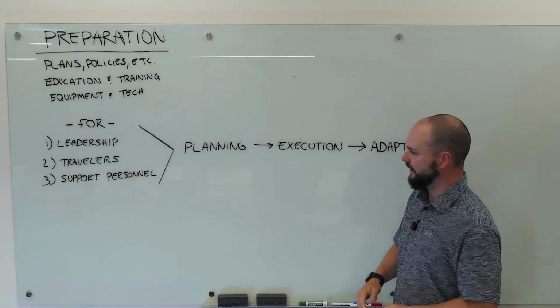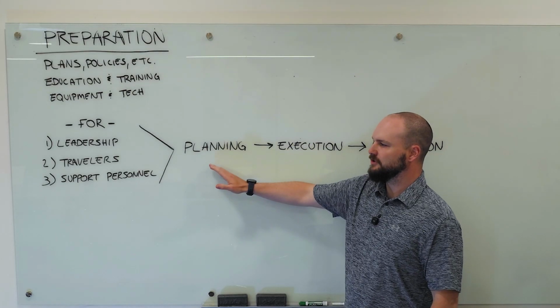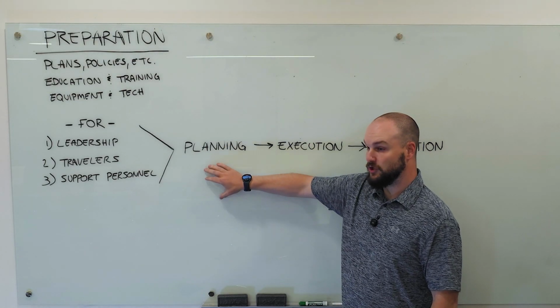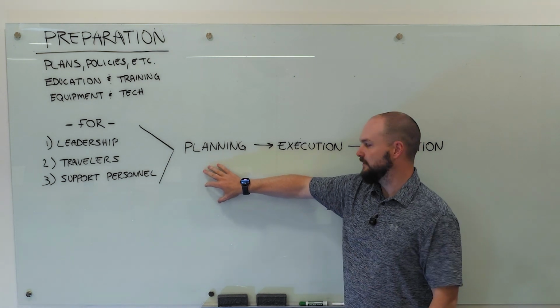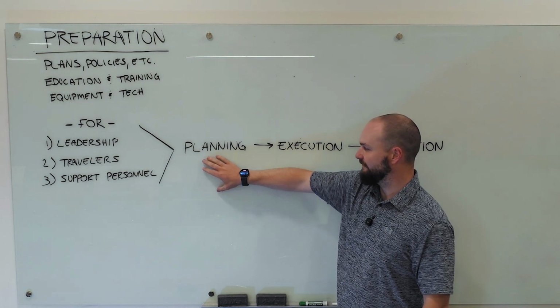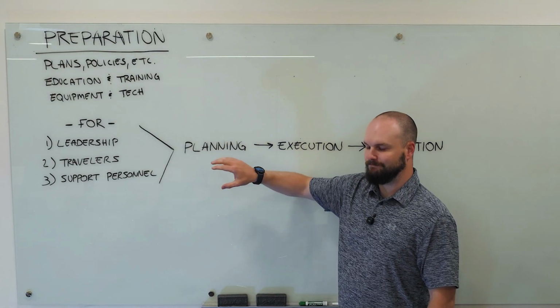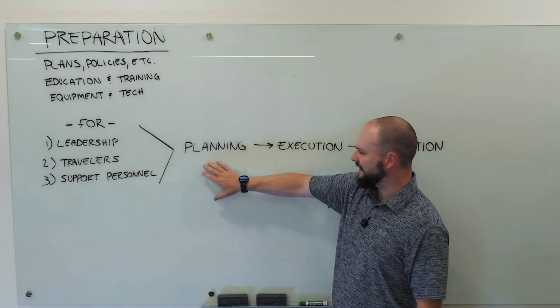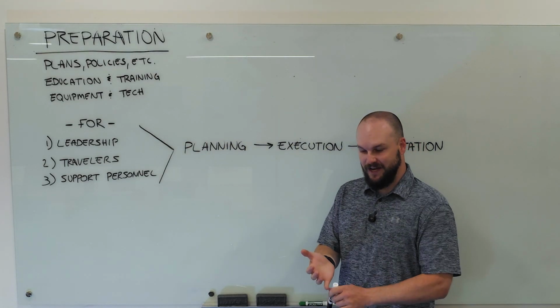So what does that look like? Well, from a planning perspective, this has everything to do with preparing for trips on a holistic basis, on an annual basis. This also has to do with planning for trips on an individual basis, particularly those that have increased risk. Are we planning as an organization?